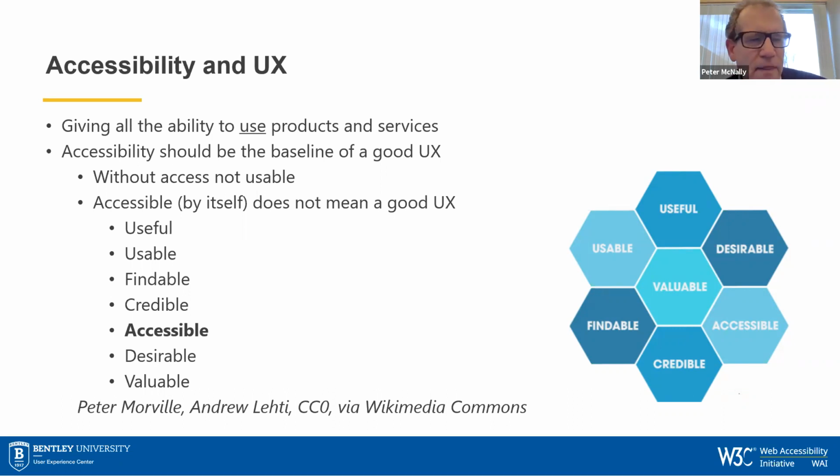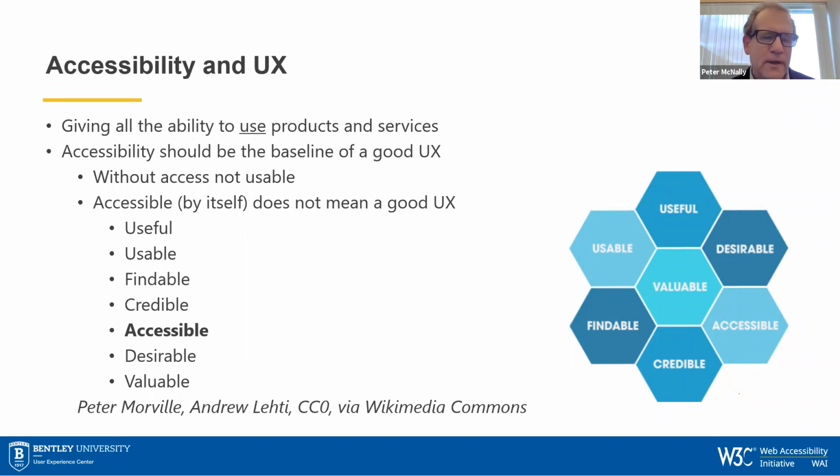And then the counterpoint there is that accessibility by itself does not mean that you're going to have a good user experience. Obviously, it's a requirement, but there's lots of things that go into a good user experience. As you can see here, this is the honeycomb diagram from Peter Morville and Andrew Litty. They have different characteristics: useful, usable, findable, credible, desirable, valuable, and accessible.